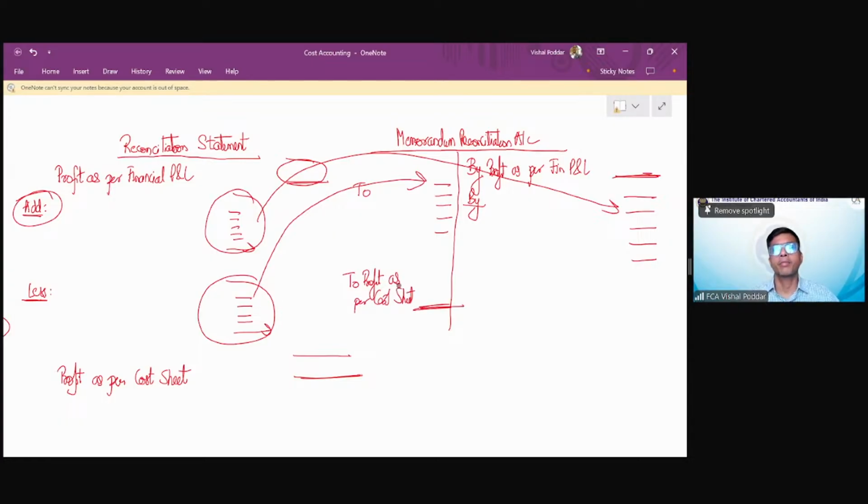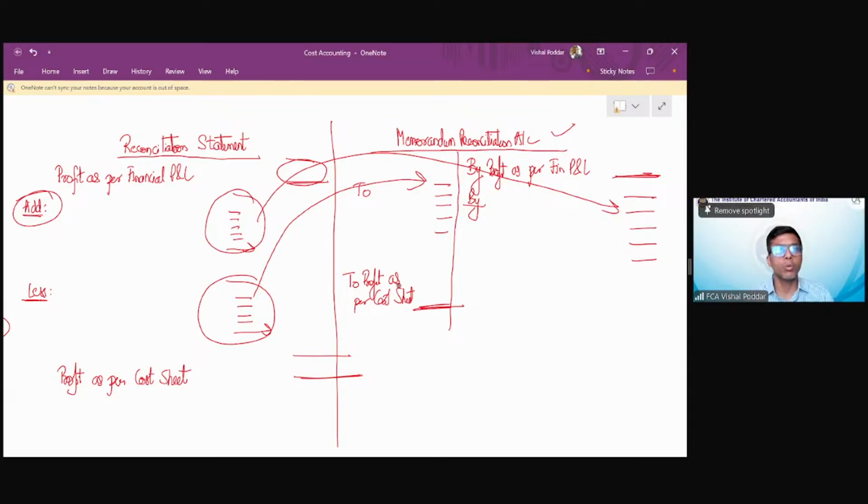So please understand the formatting first. You can solve it by any of the formats, whatever is asked in the sum. If they have not mentioned anything in the sum, it is recommended that you follow the reconciliation statement because it is generally what is acceptable at this level. But generally, they will specify that prepare a reconciliation statement or prepare a reconciliation account. But if not specified, you should prefer the reconciliation account format.